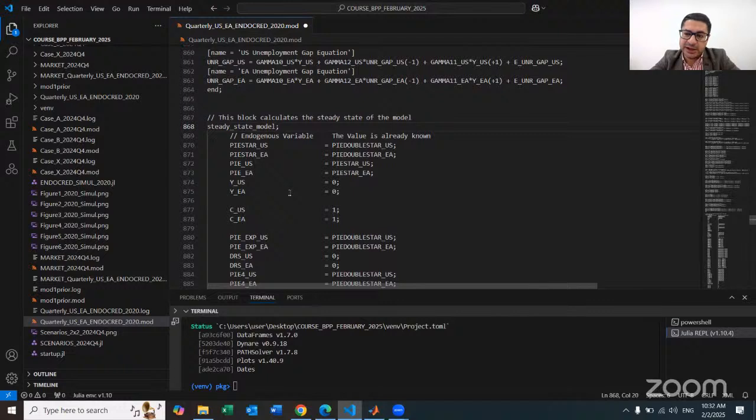But in QPM type of models, the calculation of steady state is super simple.